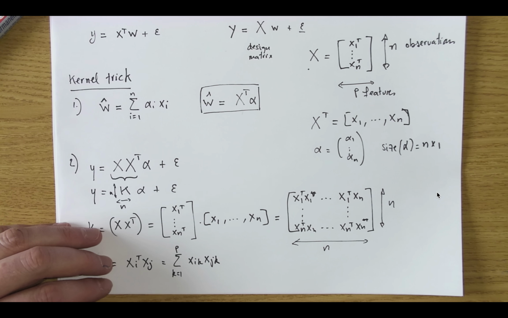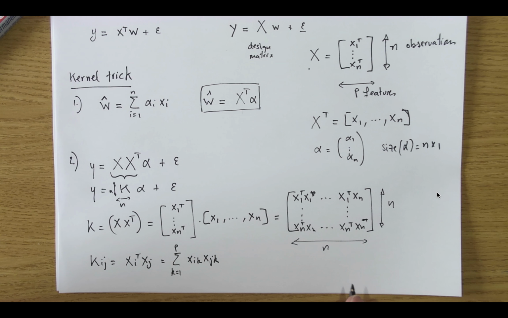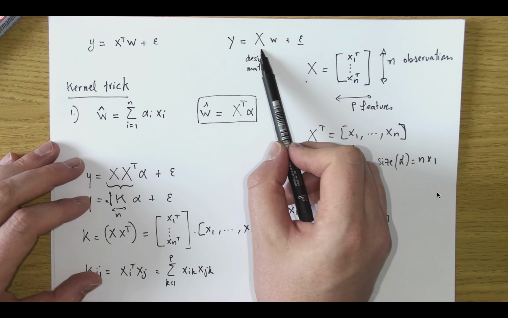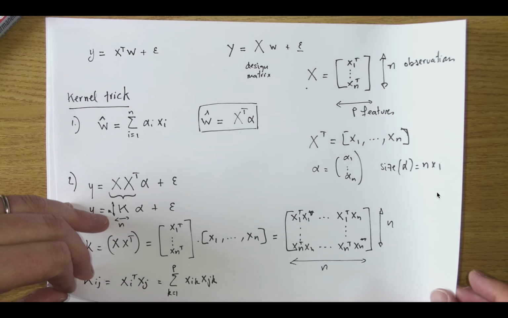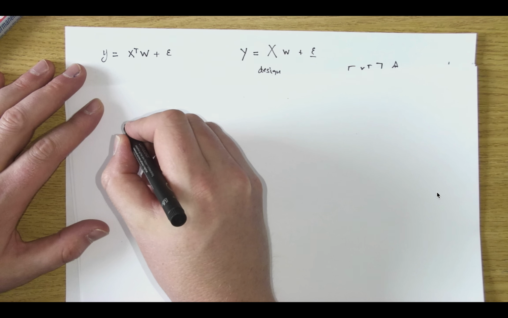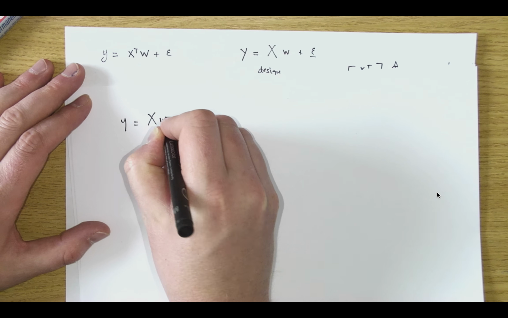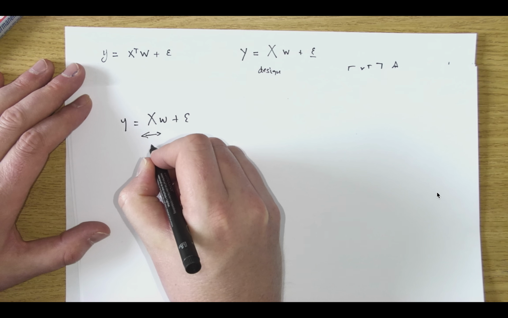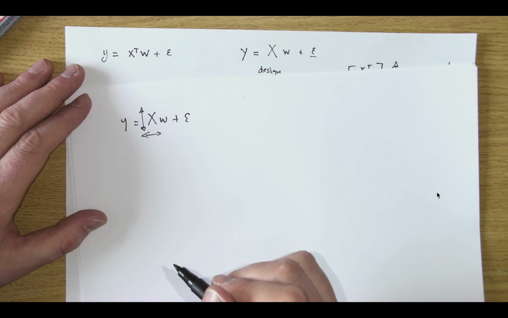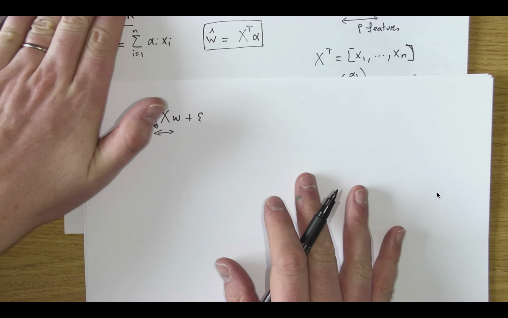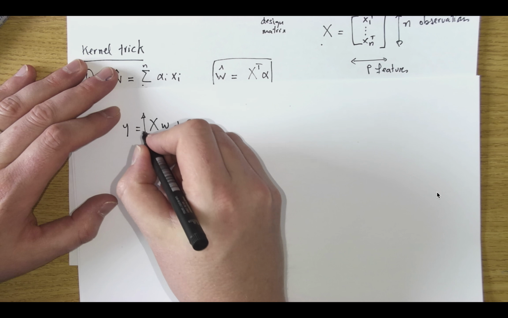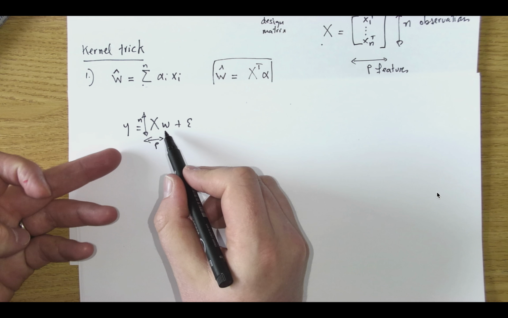Here's a critical thing. Originally we had X, which is of size n by p, and w is of size p by 1.